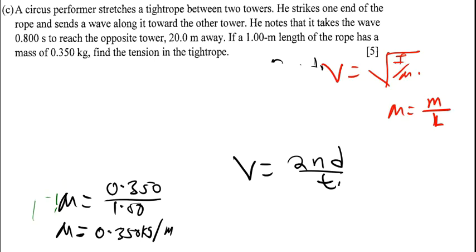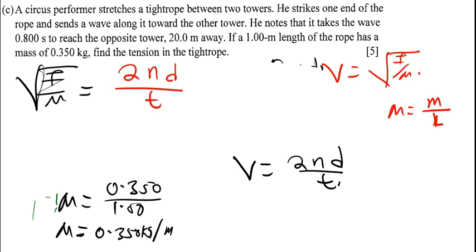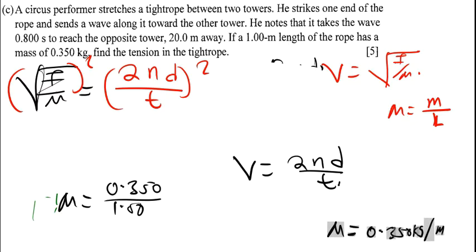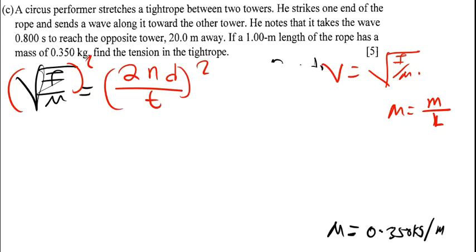Now let's replace v with the square root of F over mu, which is equal to 2nd divided by t. We have everything. Let's square both sides to get rid of the square root. Okay, allow me to put this just here, and I can get rid of this.